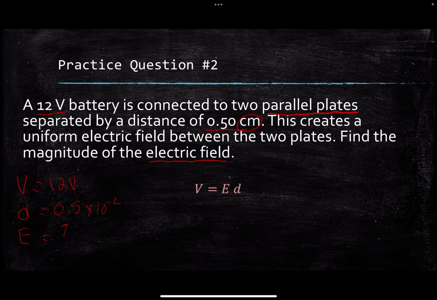Okay, so now I can see that I've got V, I've got D, and I'm looking for E, so it makes choosing an equation so much easier. All right, so I'm going to rearrange my equation, plug in my values, and I end up with 2,400 volts per meter. Okay, and I showed you in the notes how your electric field can be measured in volts per meter or newtons per coulomb.